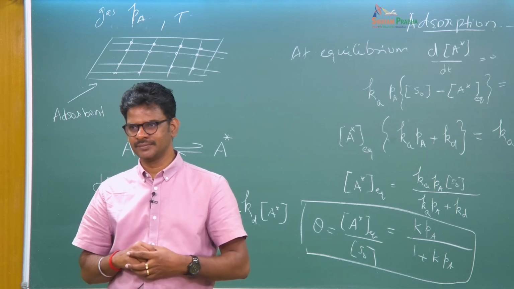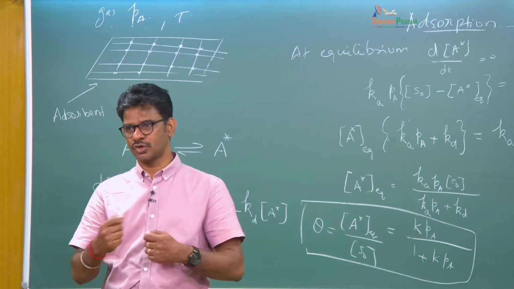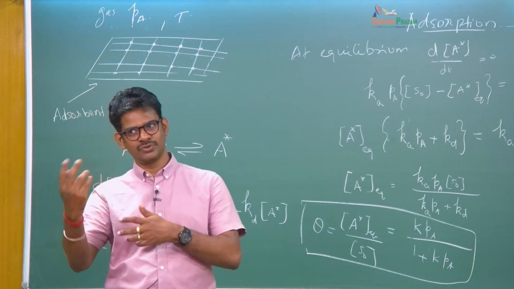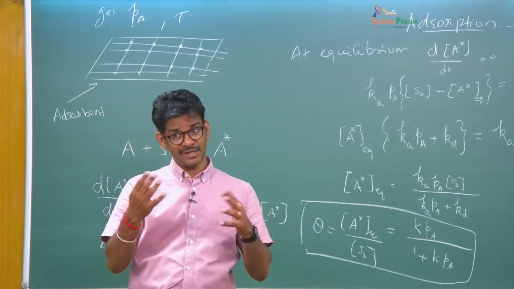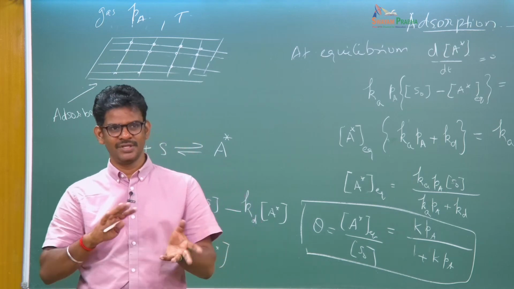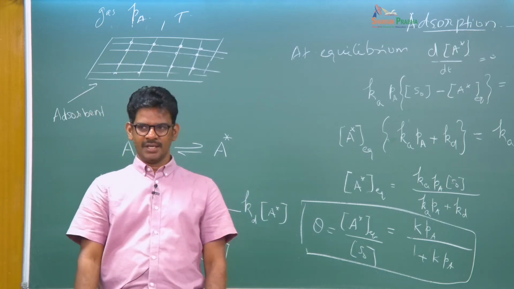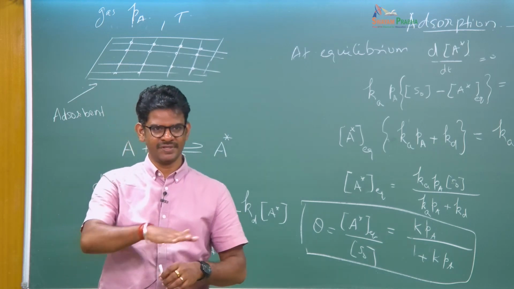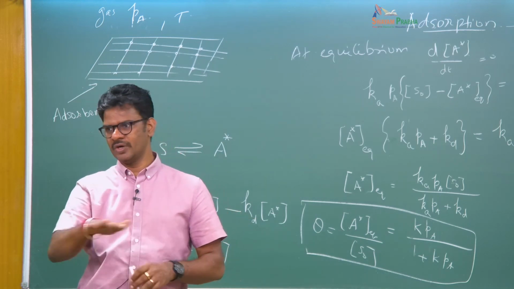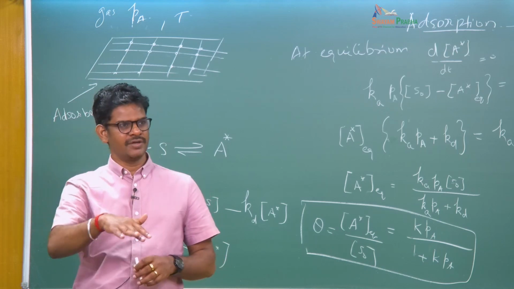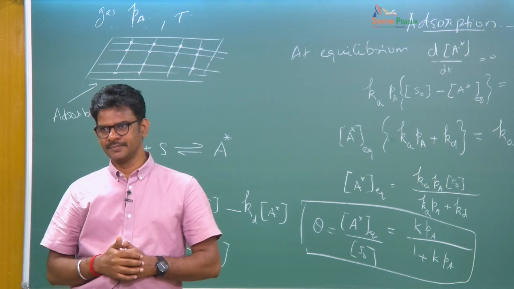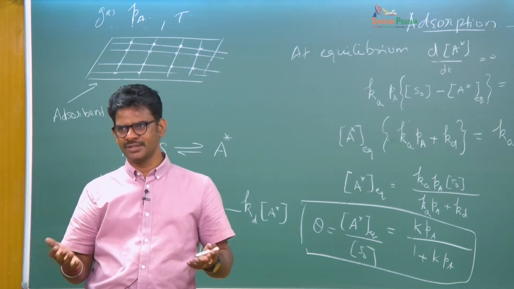So, here we are assuming 1-to-1 stoichiometry, one site, one molecule, but in reality one molecule may take several sites, or sometimes several molecules can sit on one single site. Those are experimental variations. And many times adsorption can also lead to multi-layer adsorption. First adsorption happens on a monolayer, and then more and more molecules can adsorb on the preformed monolayer, and you get what is called a multi-layer. Those are more physically realistic situations.